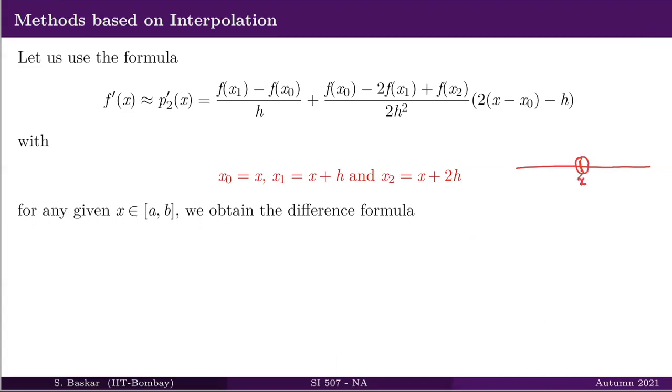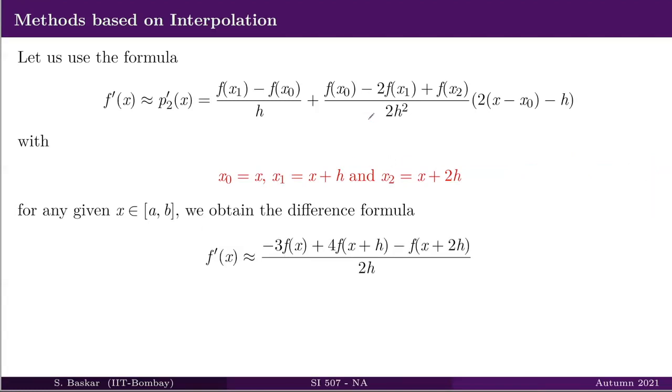For that, you use x0 as x, x1 as x plus h, and x2 as x plus 2h. Now, such formulas are called forward difference formula. Simply substitute x0, x1, and x2 in this expression and just simplify it. You get this formula. And as I told, this formula is called the forward difference formula.